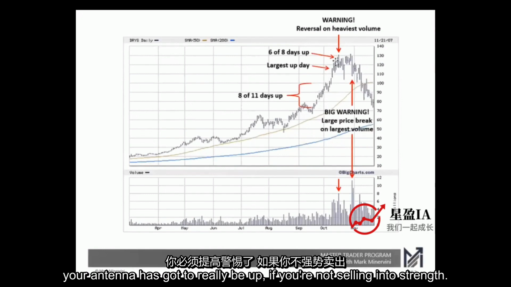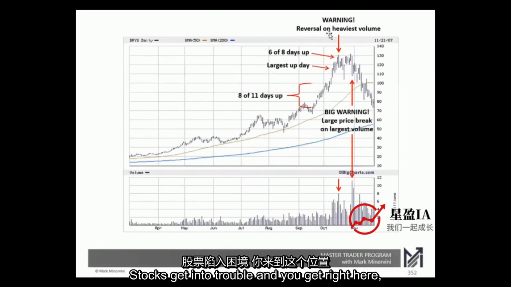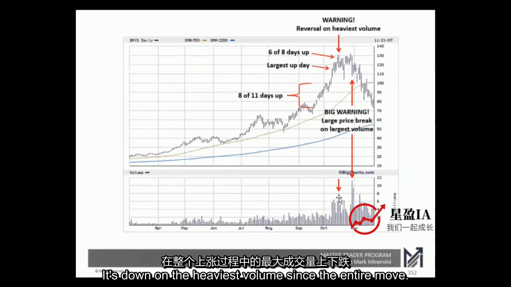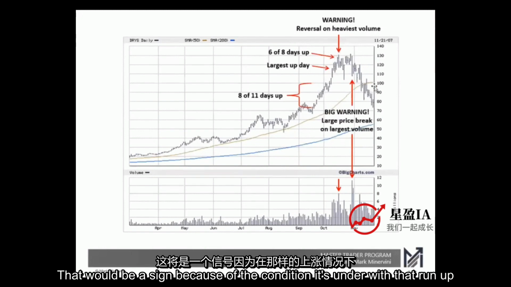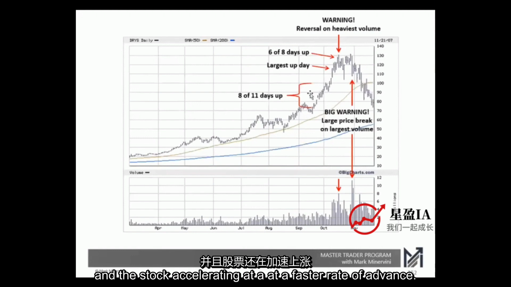If you're not selling into strength, you certainly want to sell on the first sign that it looks like that stock's getting into trouble. And you get right here, you get a reversal, and it's down on the heaviest volume since the entire move. And that right there would be a sign, because of the condition it's under, with that run up and the largest day and all those days up and the stock accelerating at a faster rate of advance.